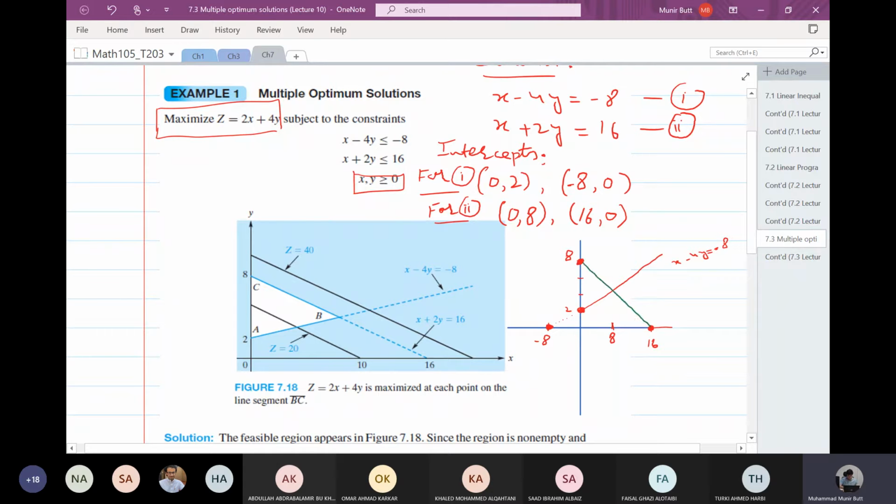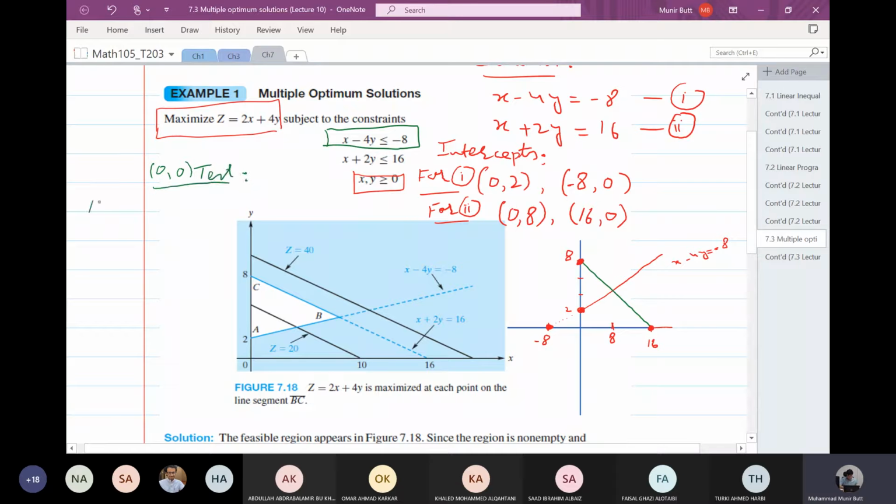Okay, so now we have to see that from the inequality which side, means below the line or above the line, is the inequality solution. So what we do now, we focus on this inequality, so we put 0 0, you can say test.